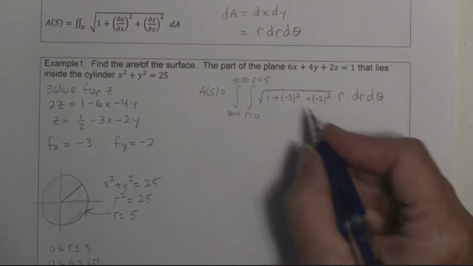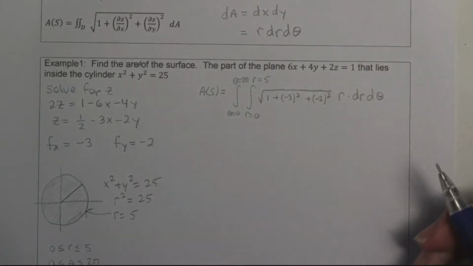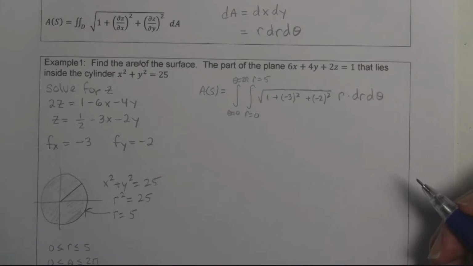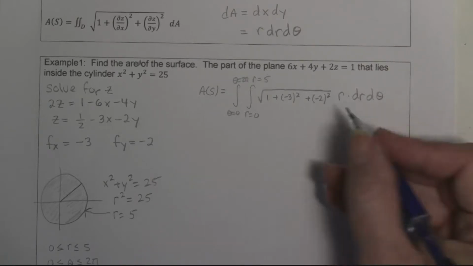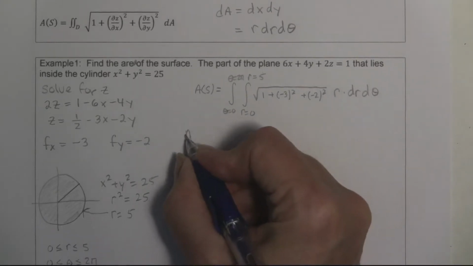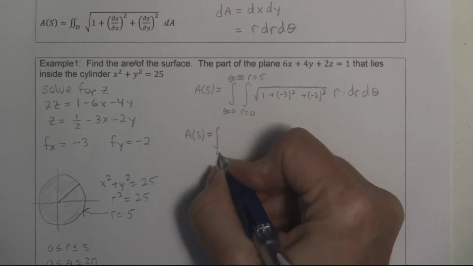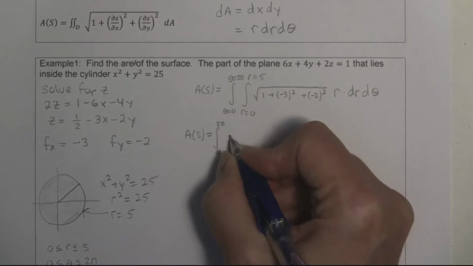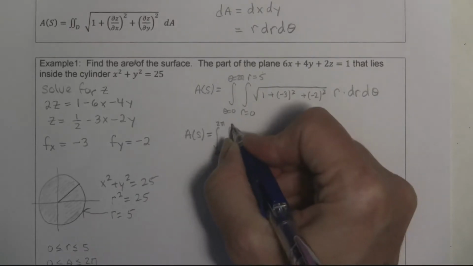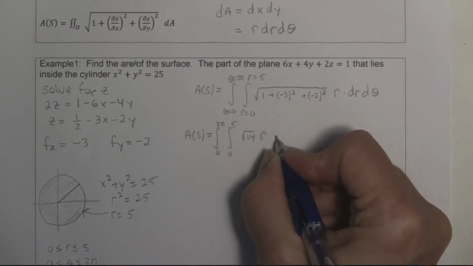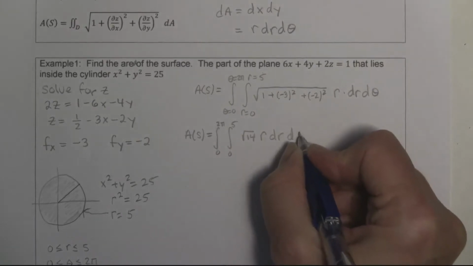So when the dust clears underneath here, 1 plus 9, and 4 is the square root of 14. So I'm getting for my area of the surface, going from 0 to 2 pi, from 0 to 5, the square root of 14 r dr d theta.